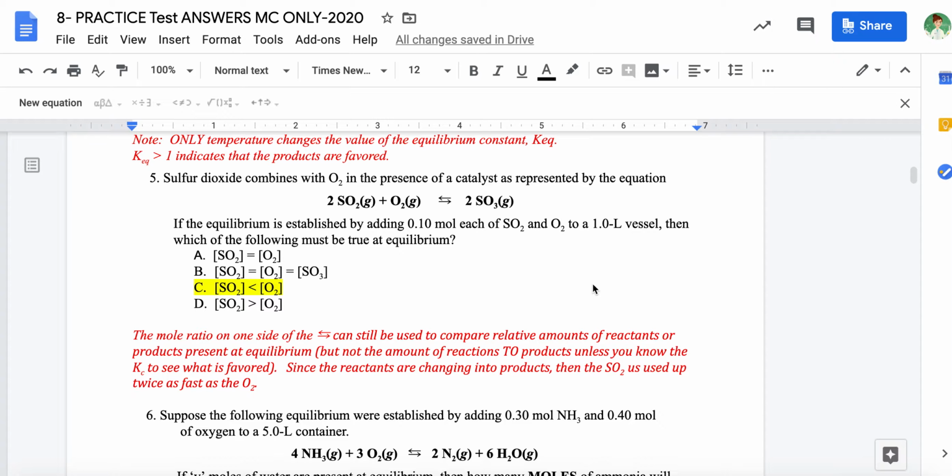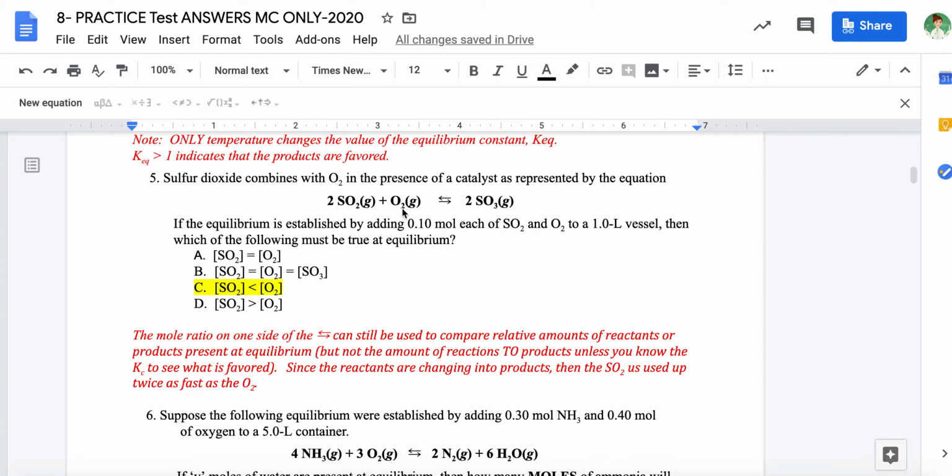Now, number 5 is an interesting question because you really need to think about the stoichiometry for this reaction. Even though we can't make predictions across the double-headed arrow, we still have to remember that on the reactant side, according to the stoichiometry, you're going to need twice as much SO2 as O2.